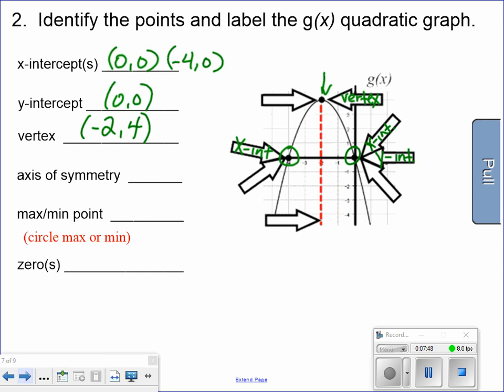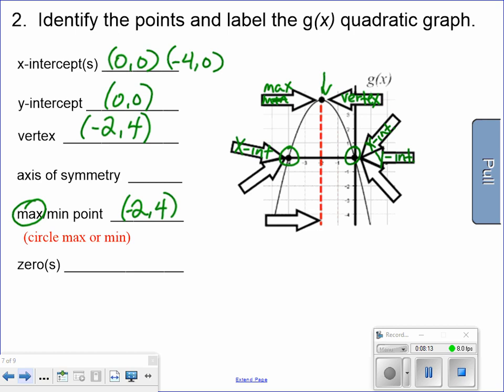Now, if you recall, our vertex and our minimum and our maximum are the same point. So it looks like here we have a max, and it's at that same point. So our maximum point is at negative 2, 4. And we want to circle that it's a maximum, that way we indicate that it's a max and not a minimum.